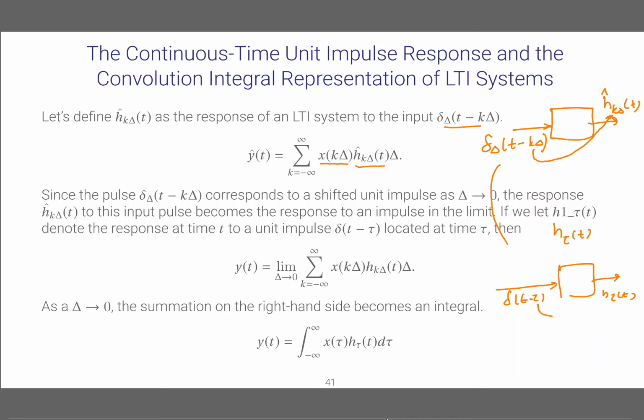So you see the output shape depends on τ. Okay, so in the limit, when Δ goes to 0, we can have the integral y(t) equals integral from minus infinity to infinity x(τ) h_τ(t) dτ. So you can see it depends on that time delay. Now we have only applied linearity up to now.